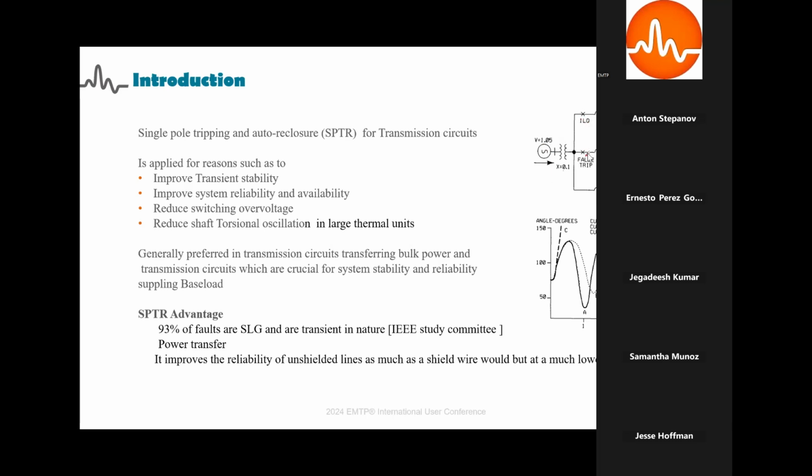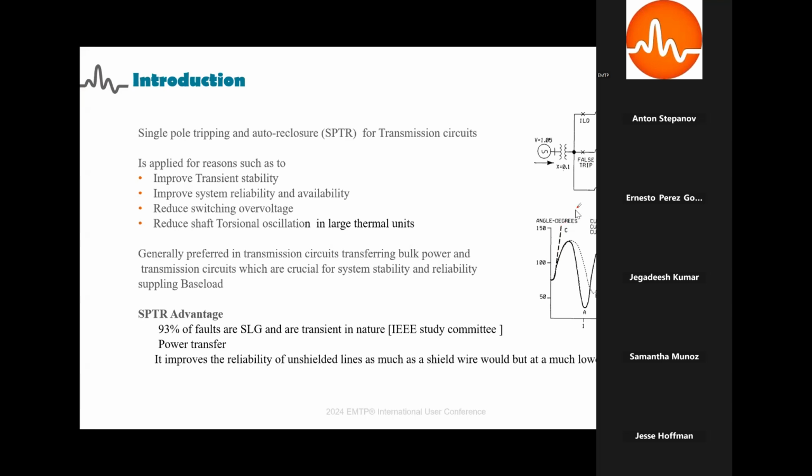But the relay, in addition to tripping line 1, also falsely trips line 2. In this case, if we had adopted triple pole tripping, then all three phases of line 1 and line 2 would have been tripped. And you can see from curve C here that the system steps out of synchronism.